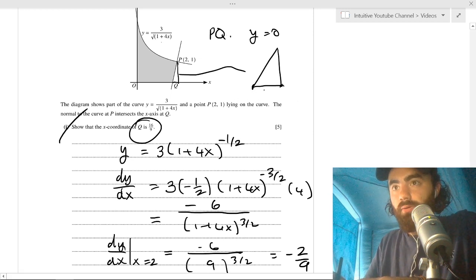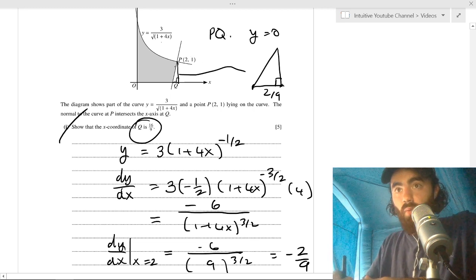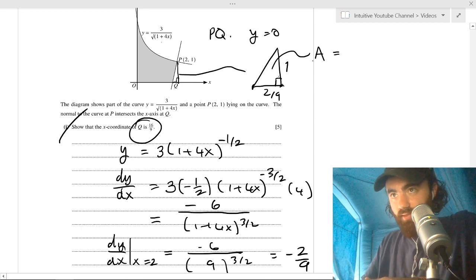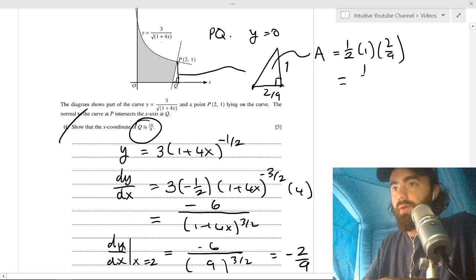So the length of this bottom is 2 over 9, and that's the base, and the height will be the y, which is 1. So the length of that will be 1. That means the area of this triangle here is equal to half base times height, which is half times 1 times 2 over 9, which equals 1 over 9.